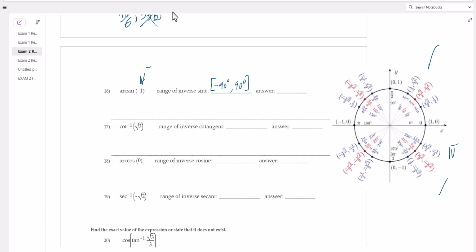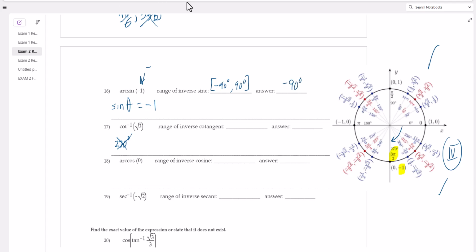The meaning of the problem is sine theta equals negative 1. You look at where y is negative 1, which is here. Again, 270 is not an answer because it's not in that range, so you have to use the negative angle. The answer to that problem is negative 90 degrees.